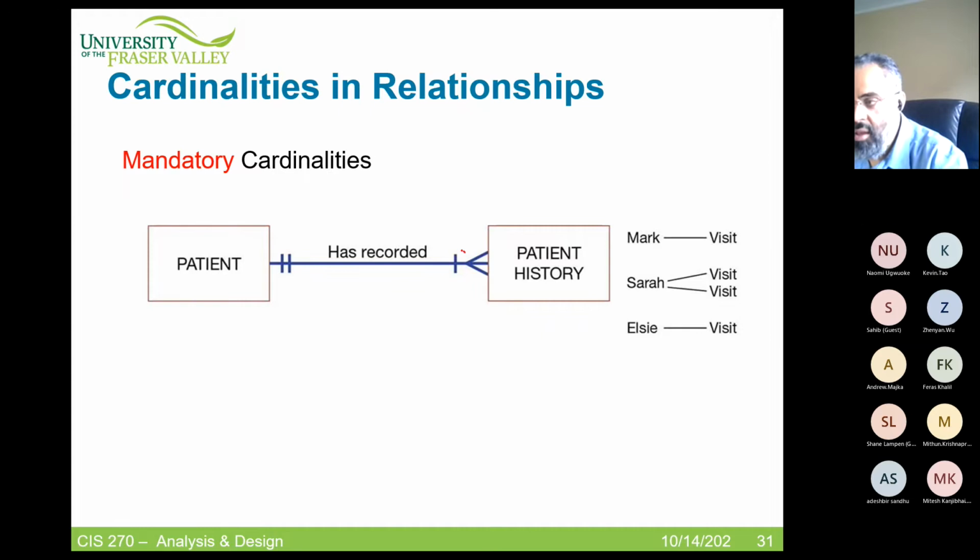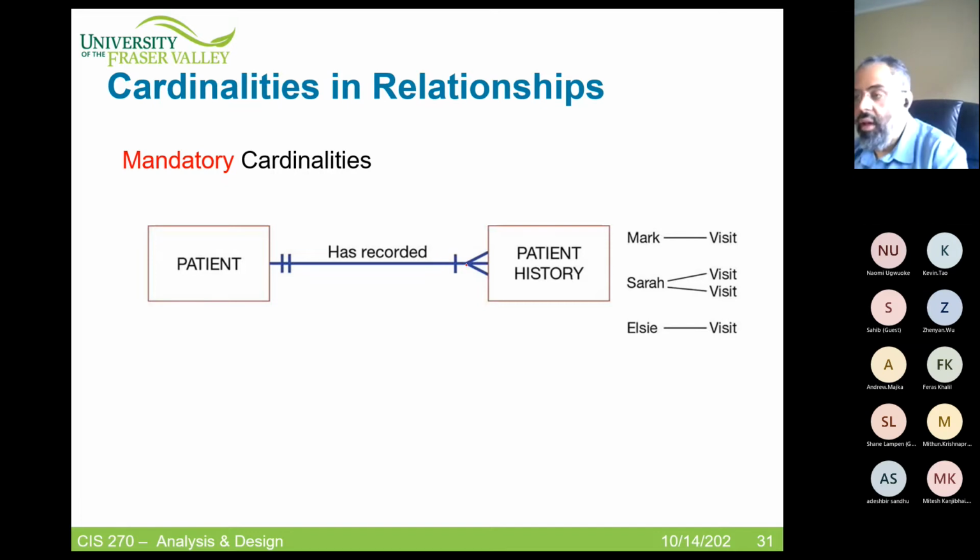When I say many, one, or mandatory, which are mandatory? In this case, mandatory means it must happen at least once.